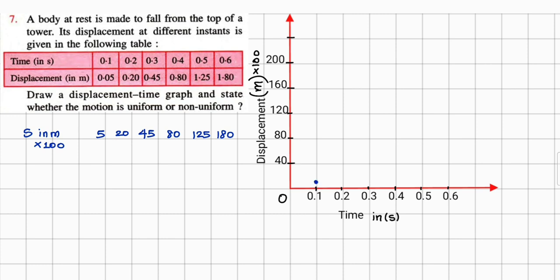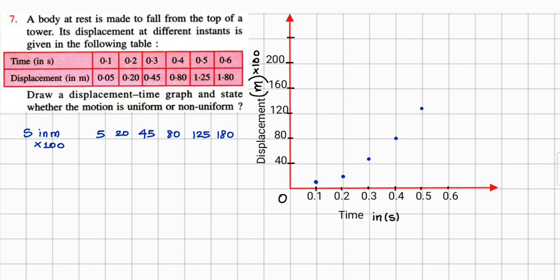So let me plot. 0.2 it is 20, so half of this will be 20. 0.3 it is 45, so 40 is half of 80, so over here 45. 0.4 it is 80, 0.5 it is 1.25, that is 125, 125 will be here approximately.